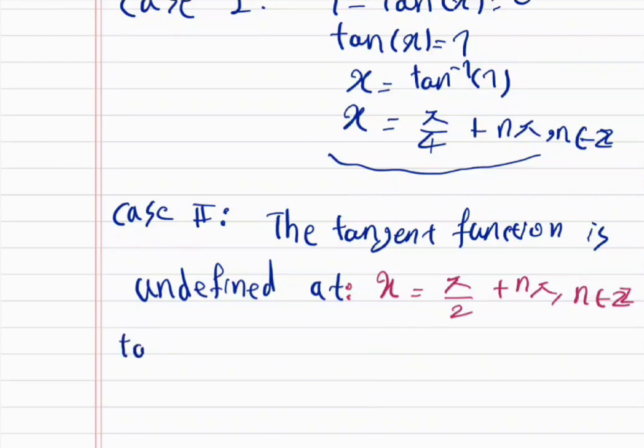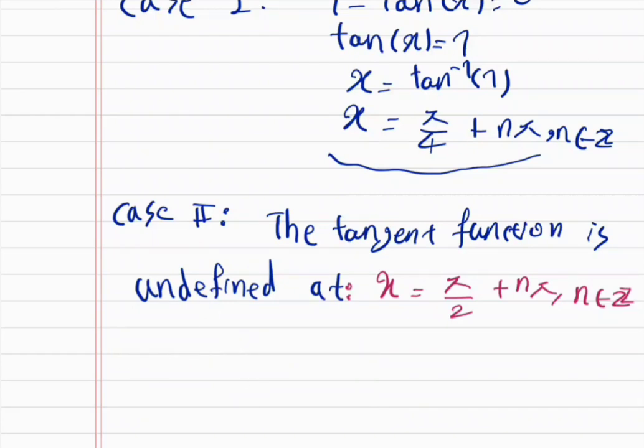Because we know that tangent tan x is equal to sine x over cos x. And then obviously there can be some values that make the denominator 0, right? And that can cause some problems. So that's why the tangent function is undefined for some values, because those are the values that make the denominator 0, and we don't want that. So it's just something to be aware of.